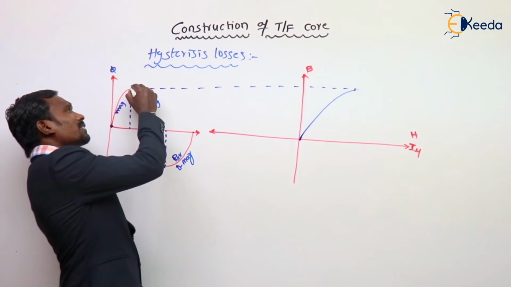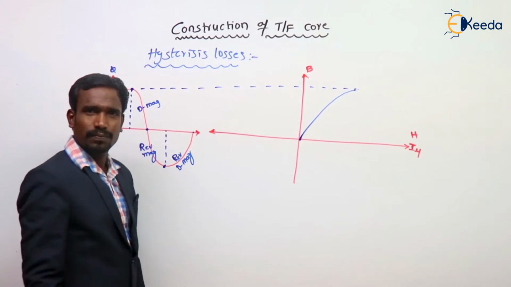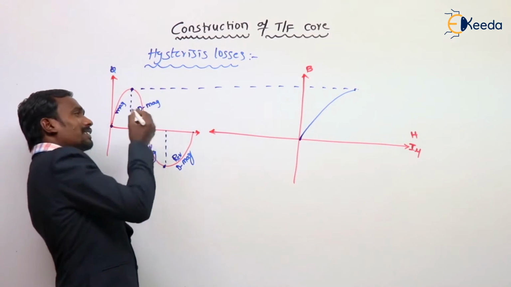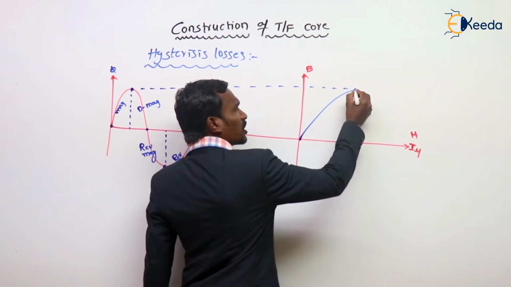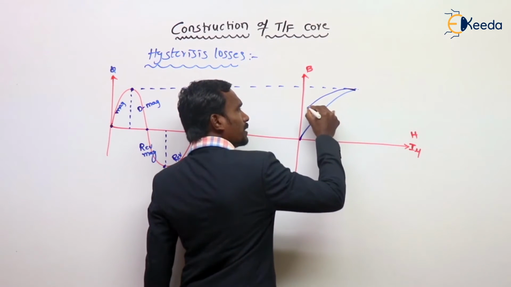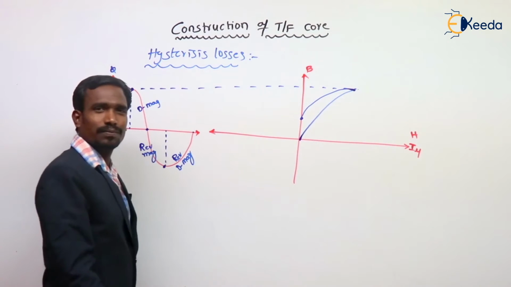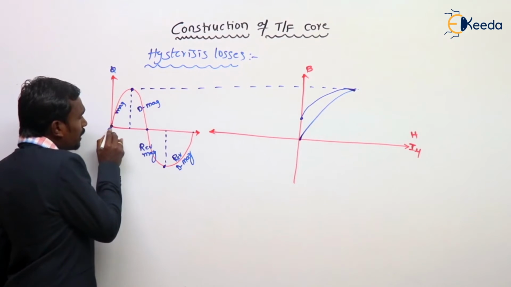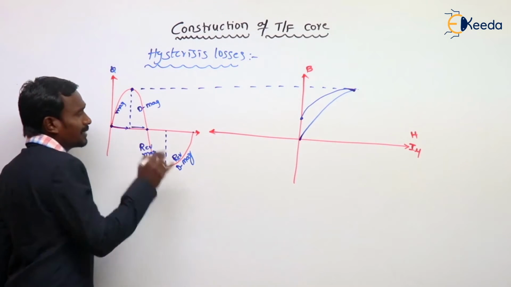When it reaches the maximum point, it is again in the demagnetizing stage. During this demagnetization, the curve is like this and struck here. Simply, this is magnetization and this is demagnetization.